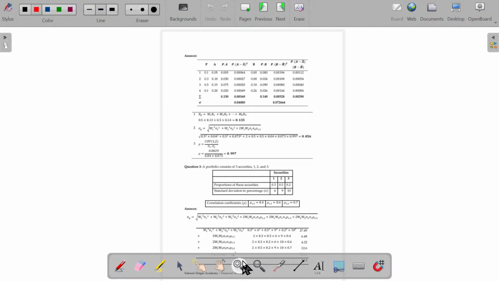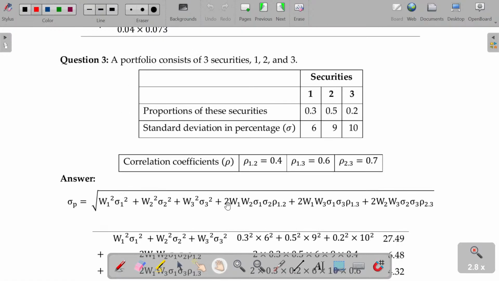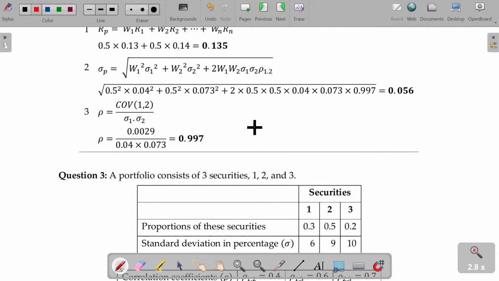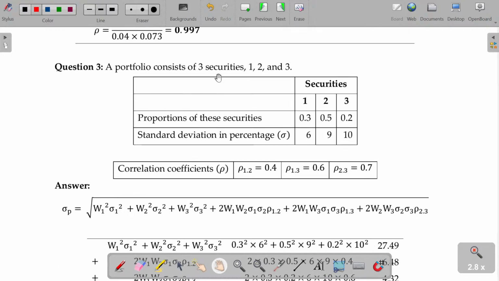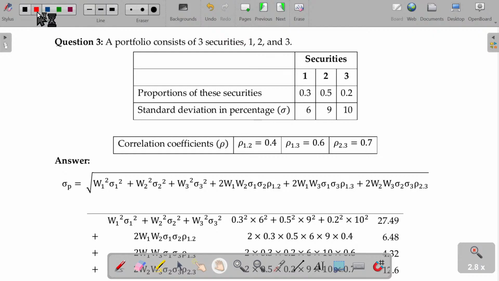And the third question is a combination of 3 shares in your portfolio. With 3 shares, there is weight of 1 and weight of 2, and that's how you can calculate. But in the case of the standard deviation of the portfolio, the formula is this much. Pretty massive.